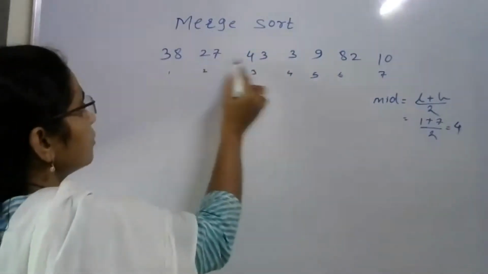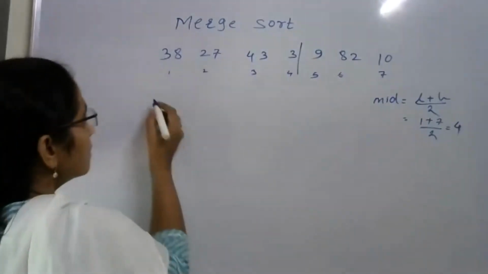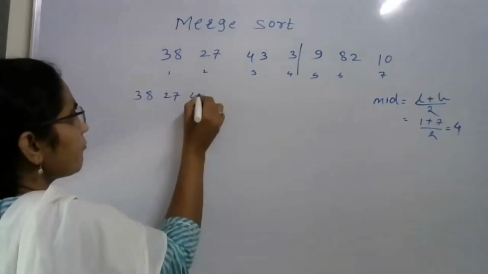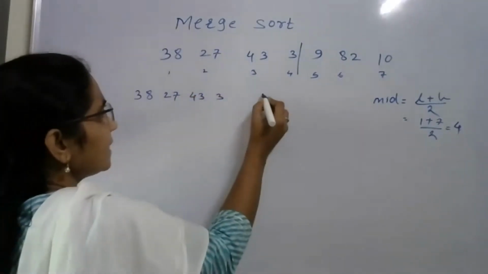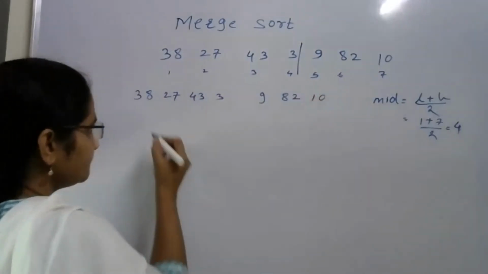Means 1, 2, 3, 4. From here, the list is broken. So you will get two lists: 38, 27, 43, 3. And the second list is 9, 82, and then 10.